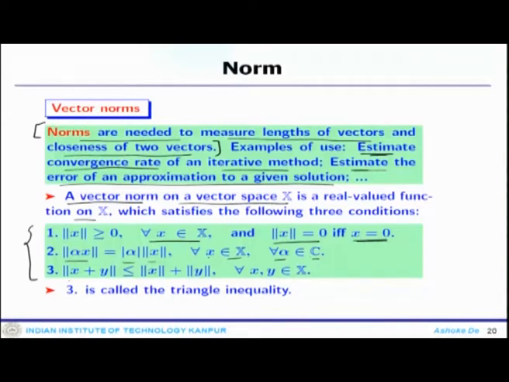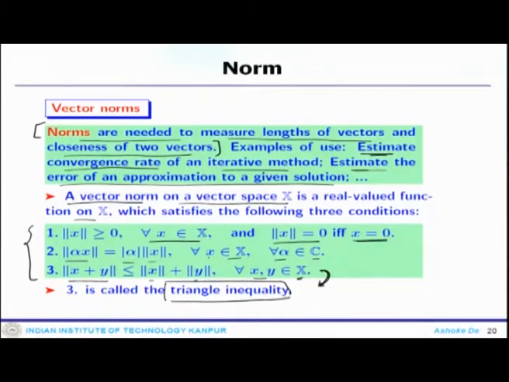Then the mod of x plus y, which is an inequality, must be less than or equal to mod x plus mod y for all x and y belonging to the vector space. This property, which is essentially the inequality property, is called the triangle inequality.